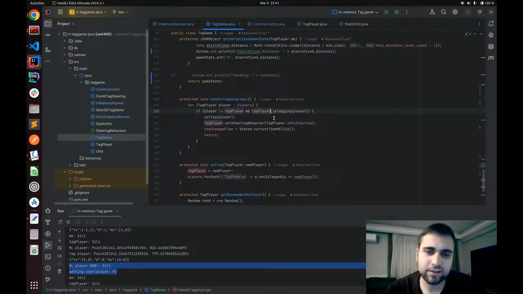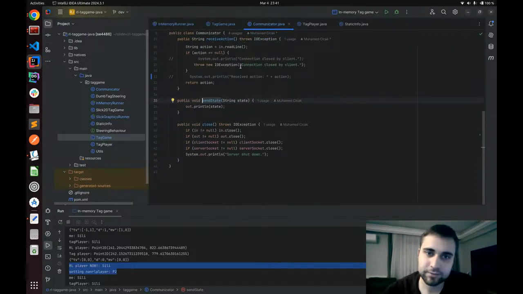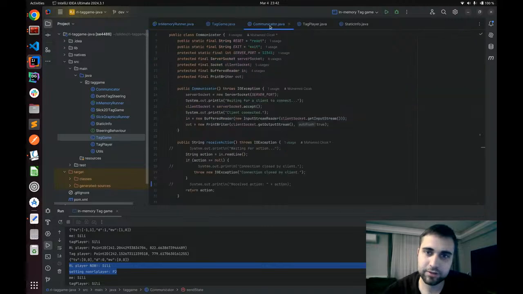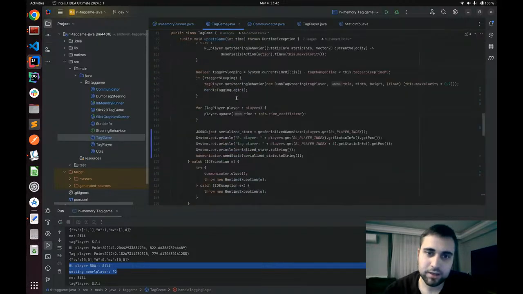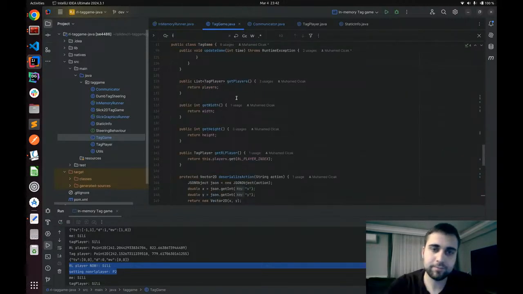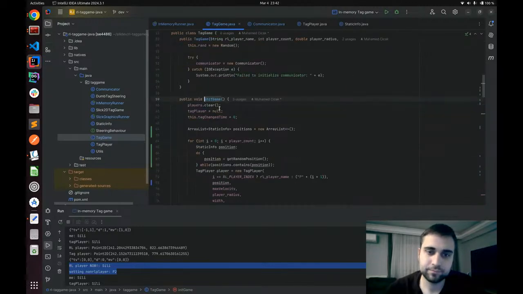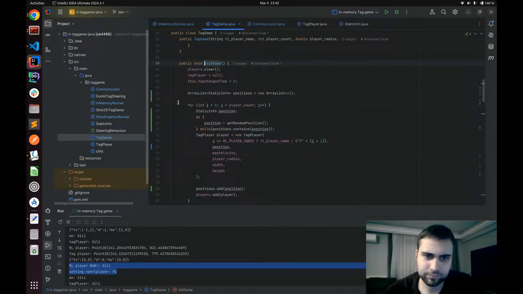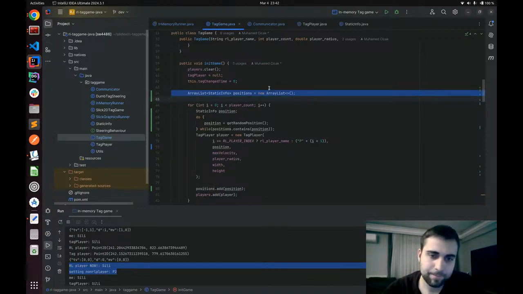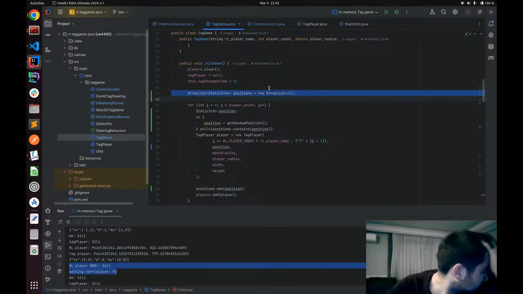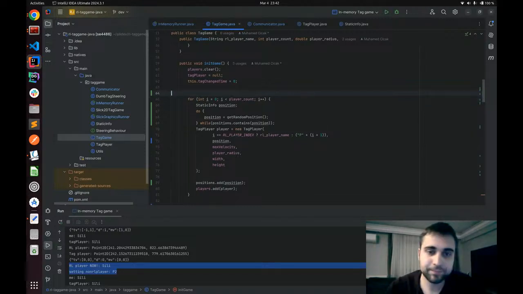I don't know why I didn't think of that. Really? That's basically what I need to do here. Init game. Yeah. I don't need that anymore, actually. Fuck. You know what?